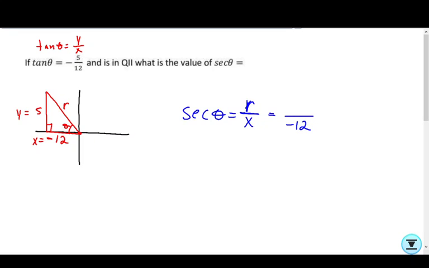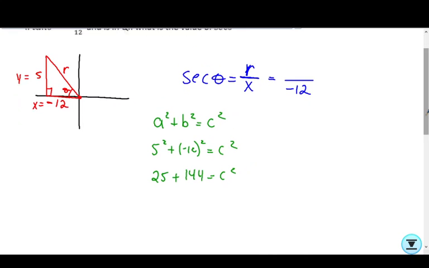Again, I've got two sides of a right triangle. How do I find the third side? We can do the Pythagorean theorem. Again, a squared plus b squared equals c squared. So you get 5 squared plus negative 12 squared equals c squared. So you get 25 plus 144 equals c squared, and 25 plus 144 is 169.